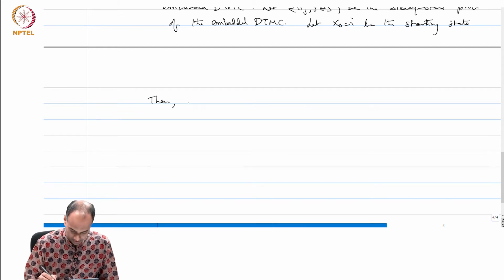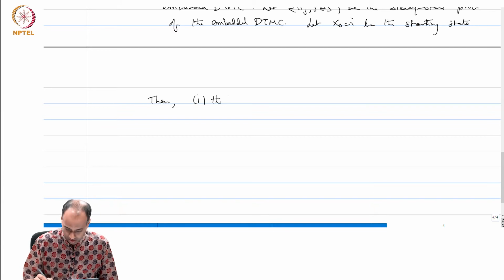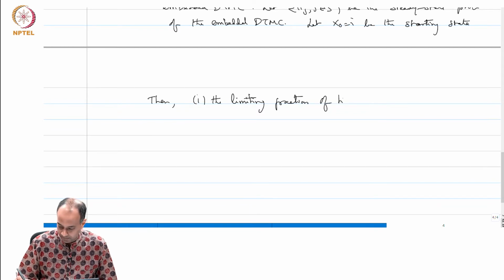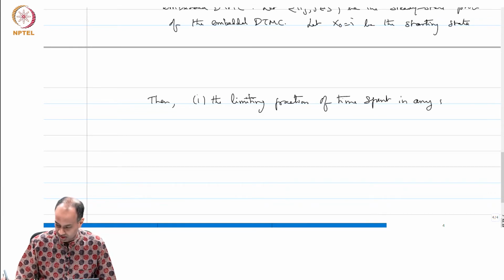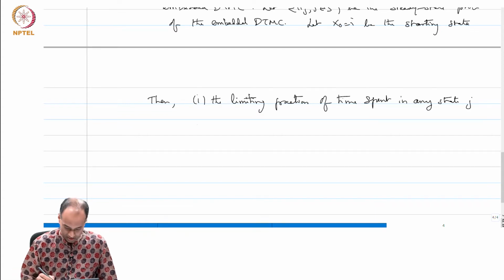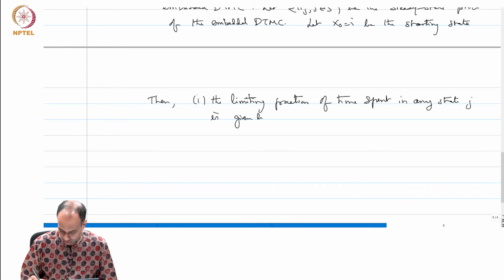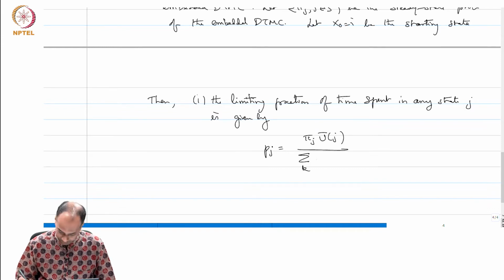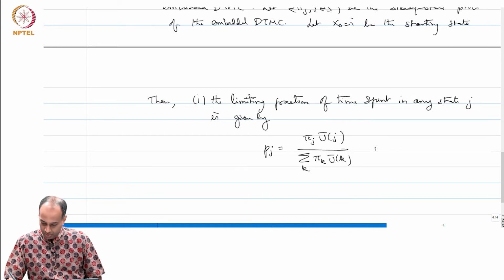Then, number 1, the limiting fraction of time spent in any state j is given by P j equal to pi j u bar j over the sum over k of pi k u bar k, with probability 1.